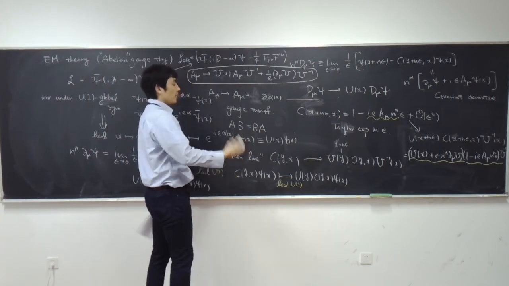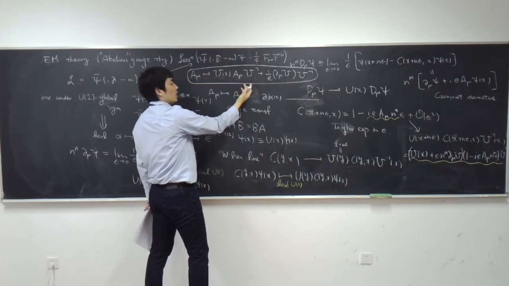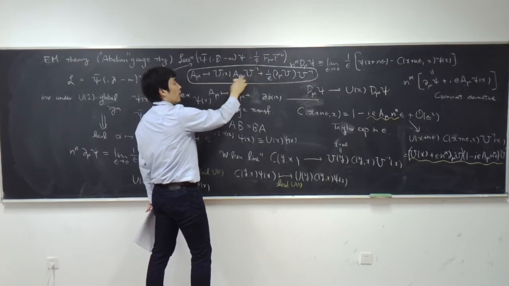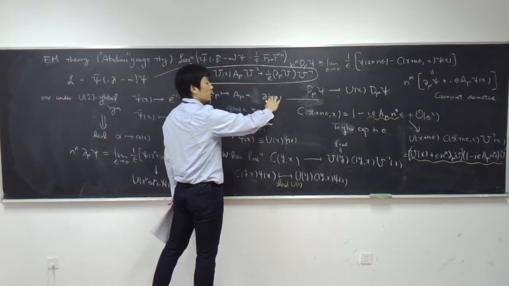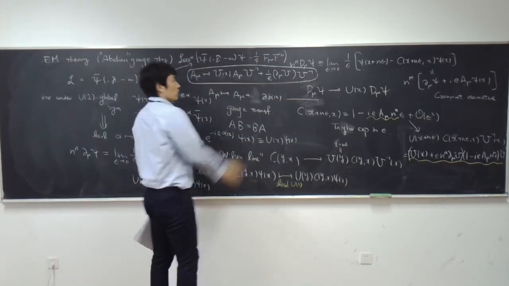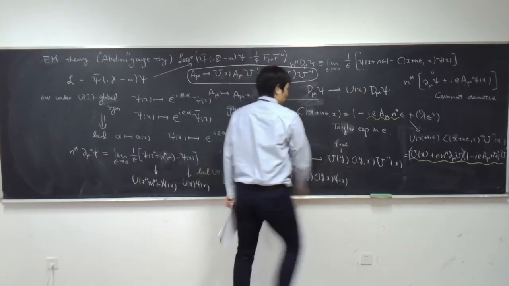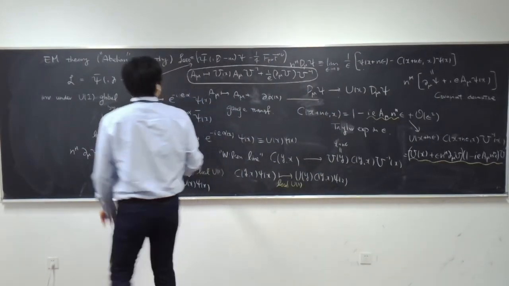So non-abelian. So these parts no longer give you the A mu. So you just have a U inverse. And later, this part does not simplify so easily. That's what we're going to do. So this is a very important form you need to remember.